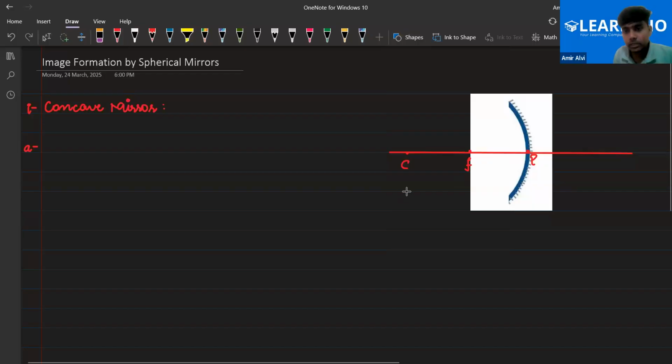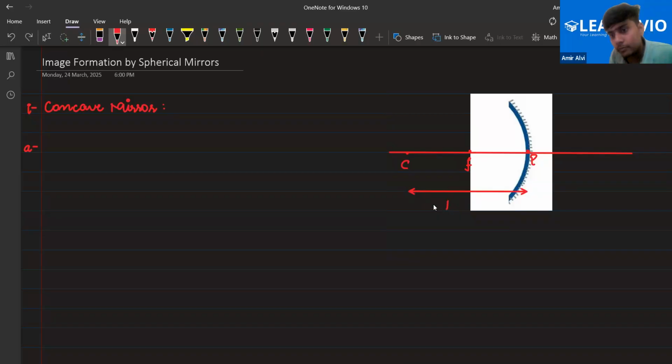Is that clear to all of you? So R is equal to 2F. So basically F is placed at the halfway point of the radius of curvature. Is that clear, all of you? And this is valid for a convex mirror as well. Okay?